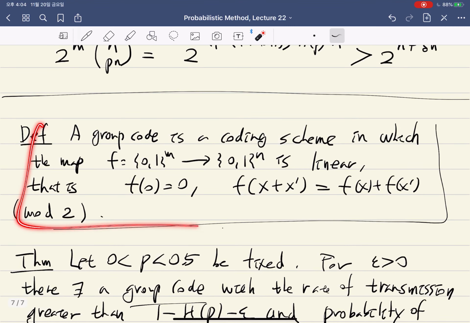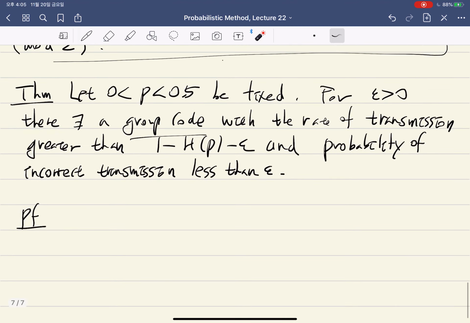If you want to find a random group code, you take all standard basis vectors, which are 0, 1 strings that have only one 1 and every other digit 0. And then we take the image of these at random, which generates a group code.